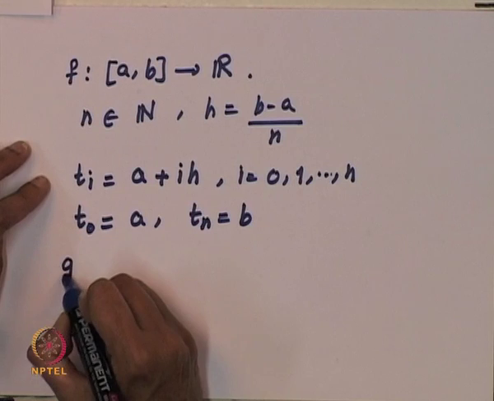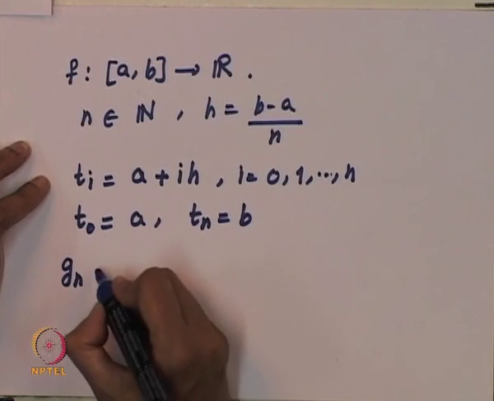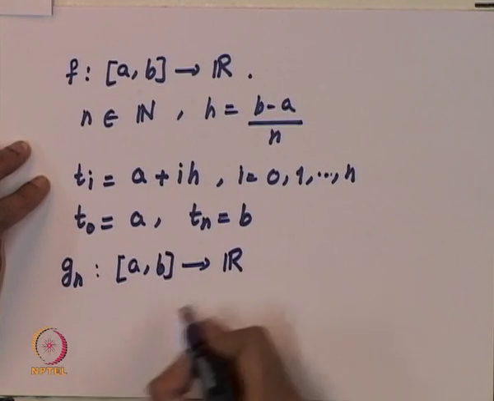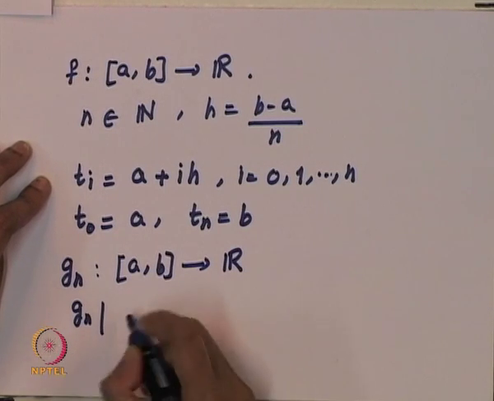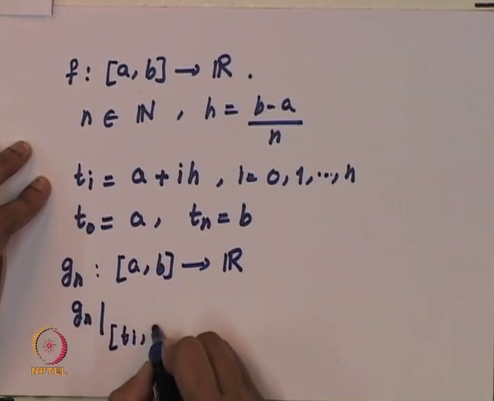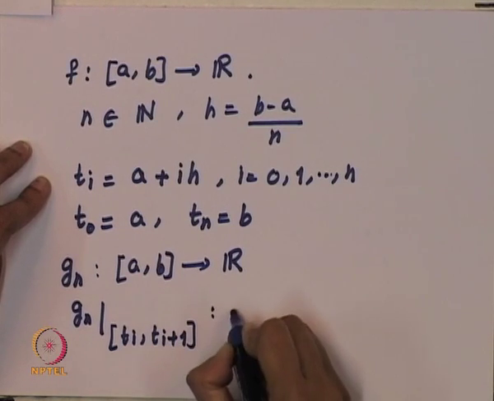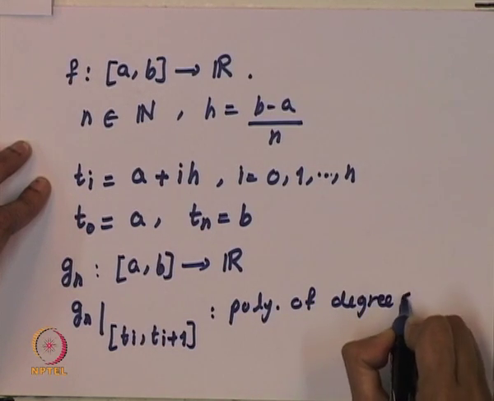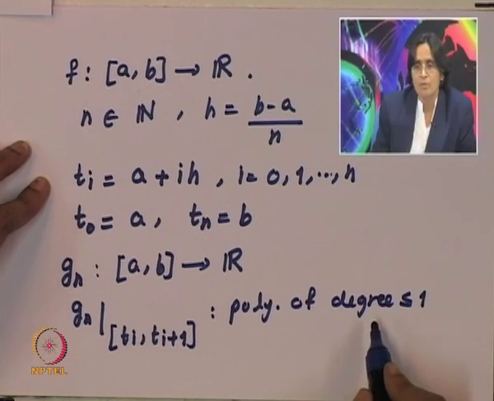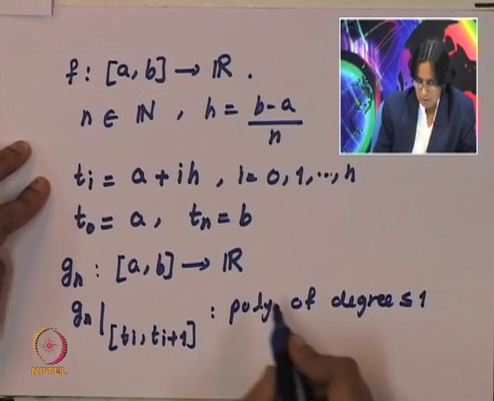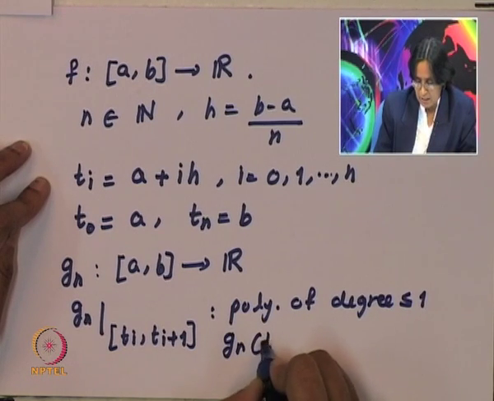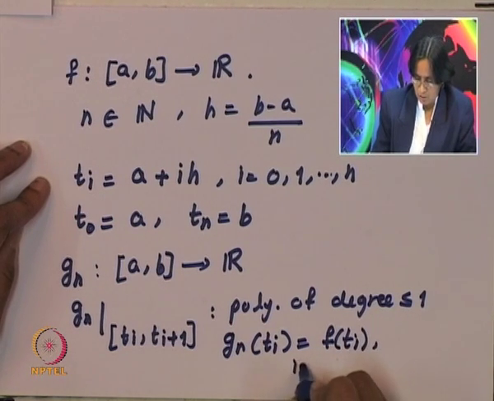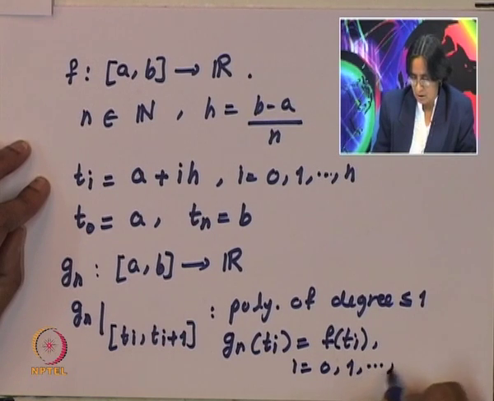And we try to look at a function G_n, which is defined on interval a b, taking real values, such that G_n restricted to [t_i, t_{i+1}] is a polynomial of degree less than or equal to 1. So, on each interval it should be a polynomial of degree less than or equal to 1. And G_n at t_i should be equal to f at t_i, i going from 0, 1 up to n.